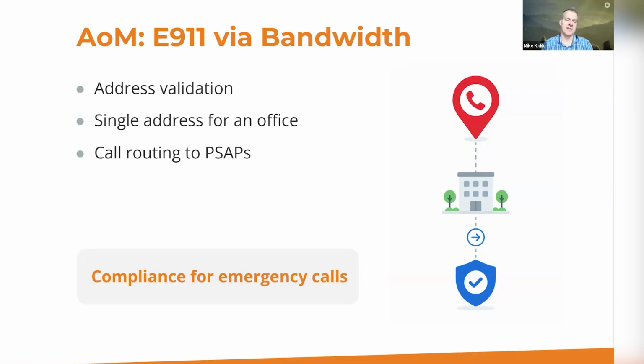The way it works is that before any PortaSwitch account can make an emergency call, before they can call 911, their address must be validated with Bandwidth. So whenever you create a customer or you add accounts, the address must be provided for them, and we've made the configuration flexible.